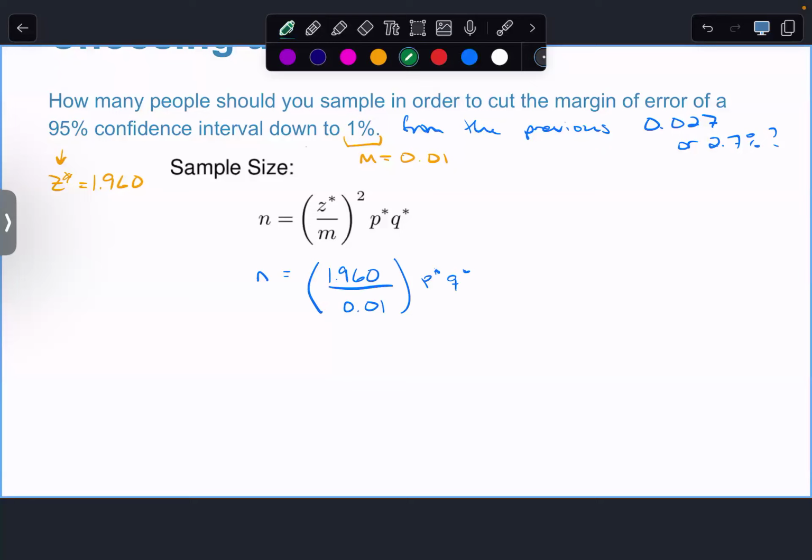Option 1, P star. I can let it be the previous P hat from before, which means that P star would be 0.85.